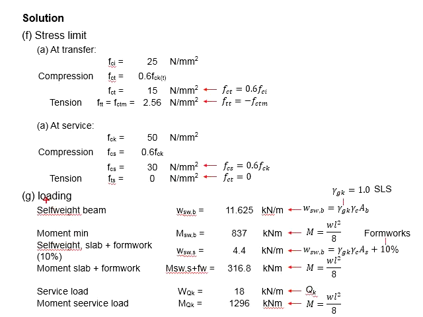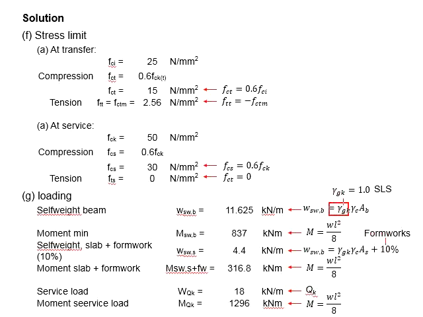Now we will proceed with determining the loading. There will be self-weight of the beam, which is calculated by the factor of safety times unit weight times the area of the beam section. The unit weight is given as 25 kN per meter cube.